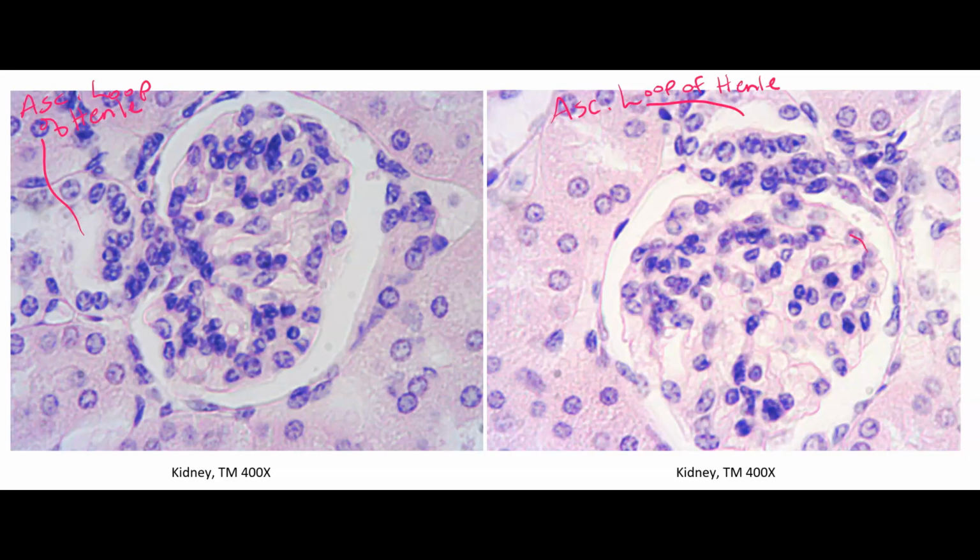The glomerulus itself is here and here. And then next to it, we see two cells that are critical in helping this kidney determine the rate of filtration and help to regulate blood pressure.